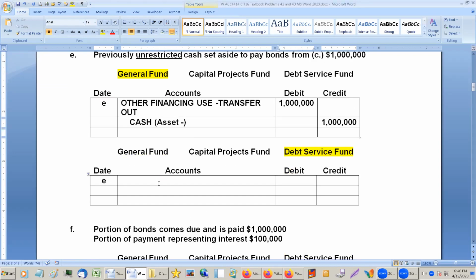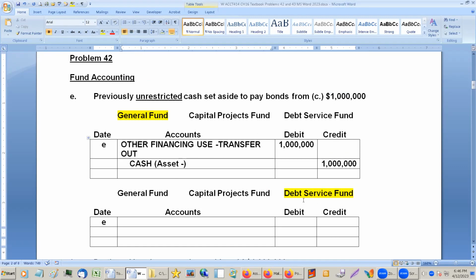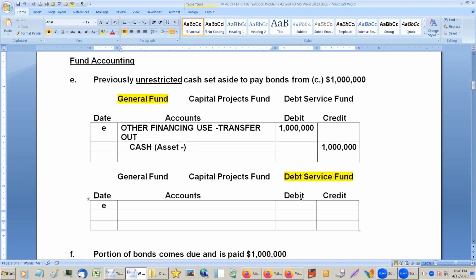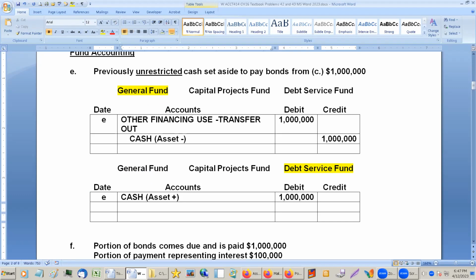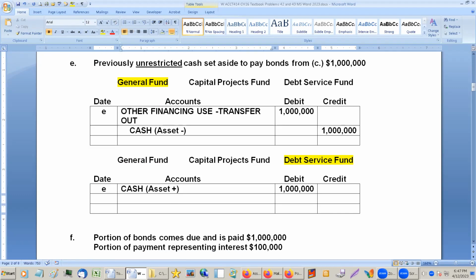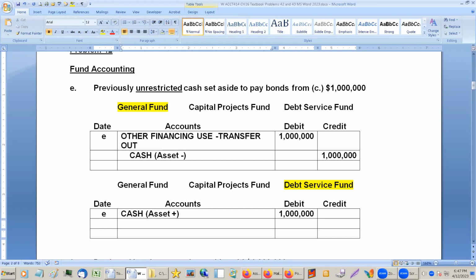All right, so what's gonna be on the other side? So now the debt service fund, they are going to get the cash. So to them, it's money coming in. What's it gonna be to them?